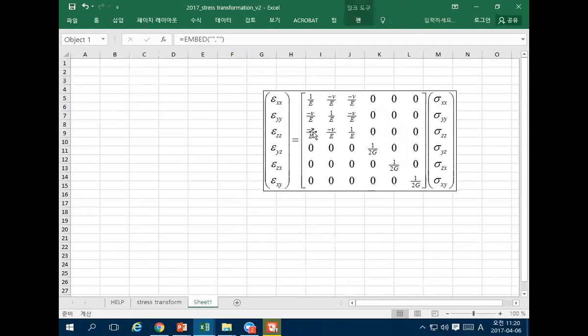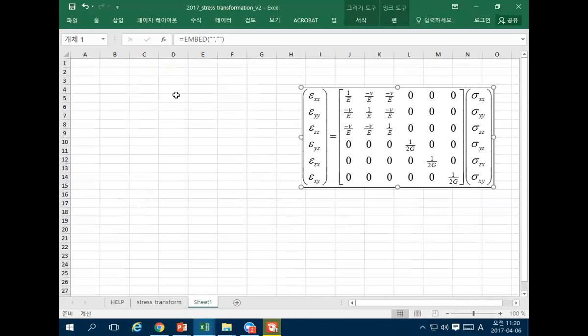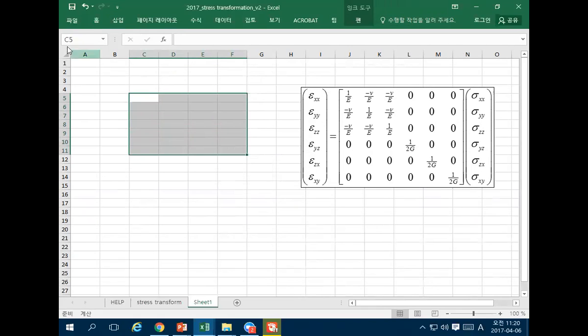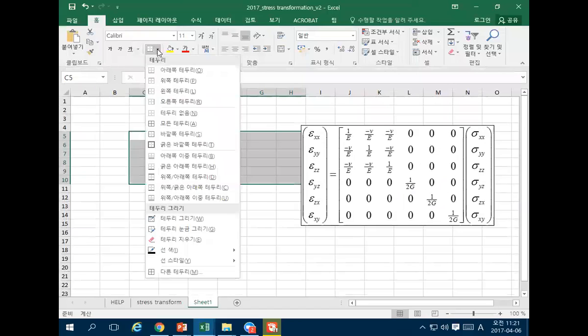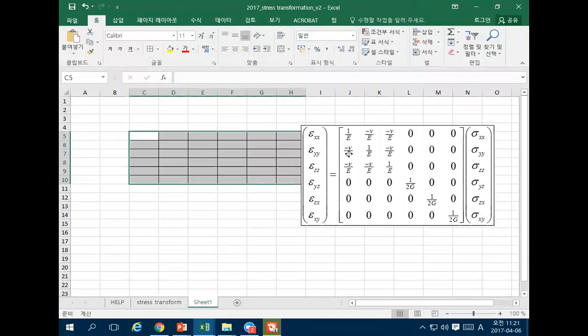Now I'm trying to enter these equations in Excel and please take a look at how to do that. Okay, you can see here on the left-hand side, the 6 by 6, and I will have this one.